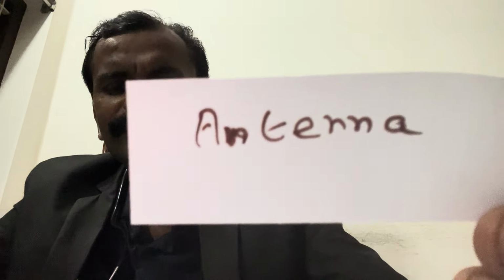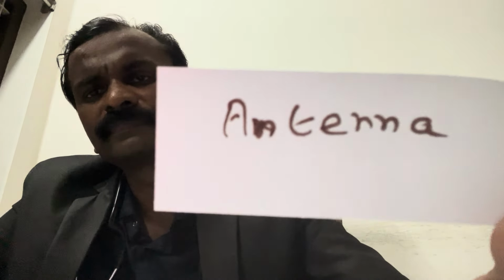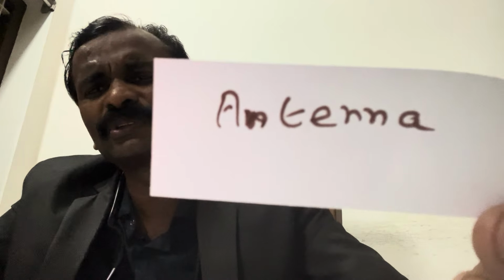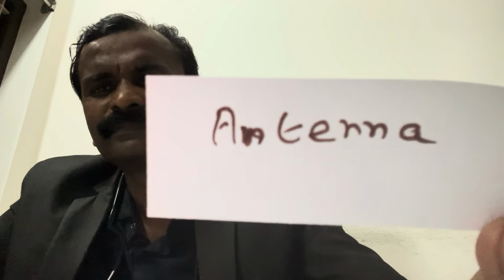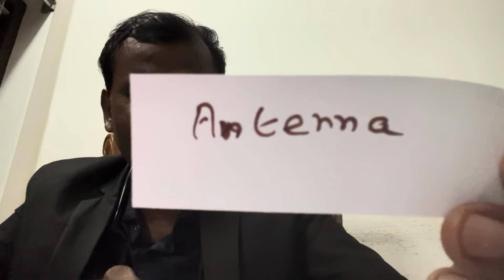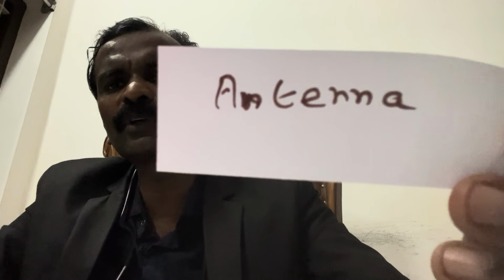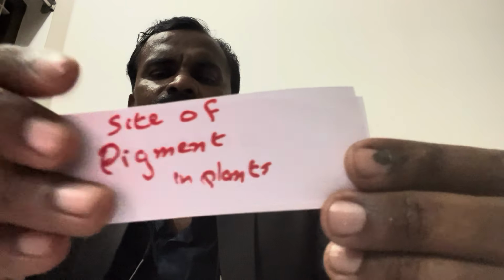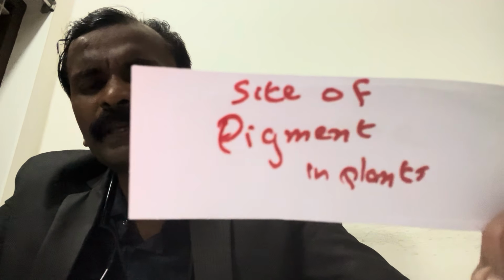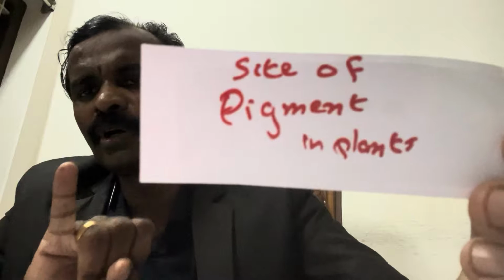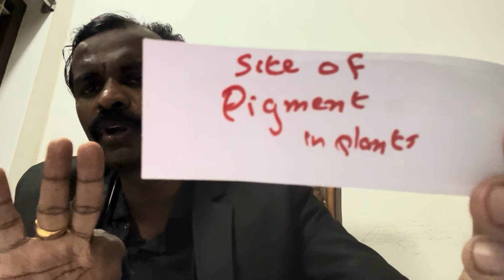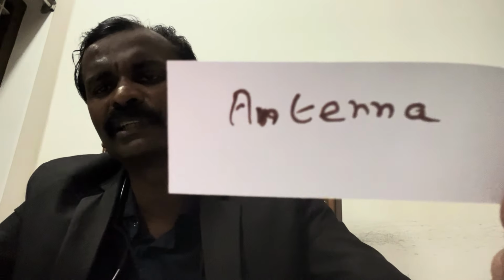What is antenna? Antenna. This is also a repeat MCQ only. Any idea? What is the question for this? Site of pigment in plants. They will give 4 choices: stoma, mesophyll, chloroplast, and finally they will give this choice also, antenna.